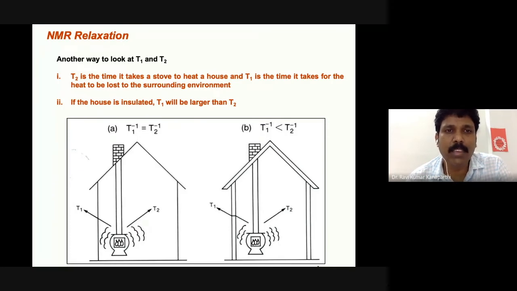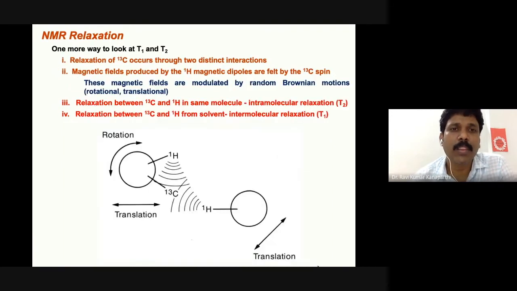T2 can be thought of as the time it takes for a stove to heat the house, and T1 is the time it takes for the heat to dissipate to the surroundings. Naturally, in general, if the system is open, T1 will be longer and T2 will be shorter.